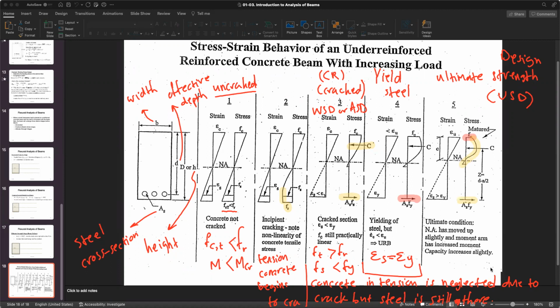So I would say here, let me erase the bottom. Okay.